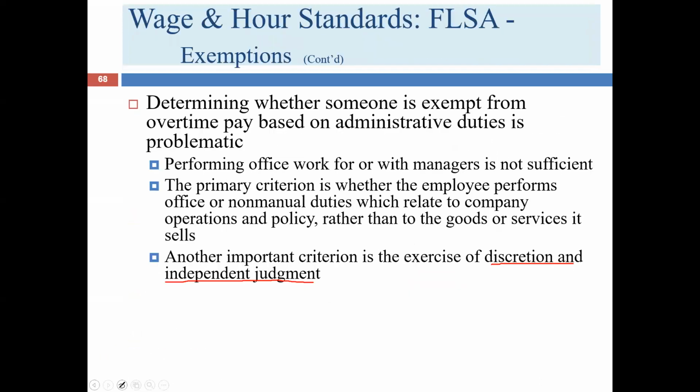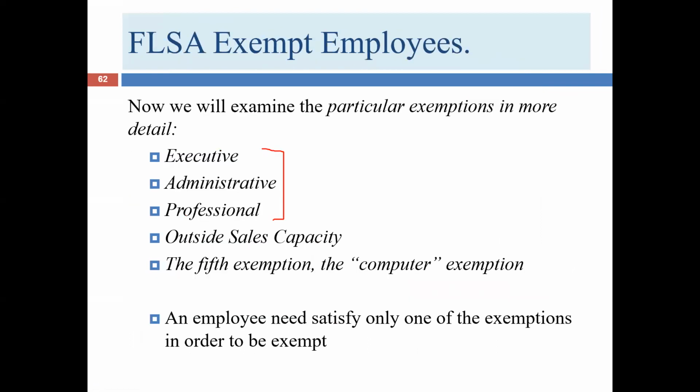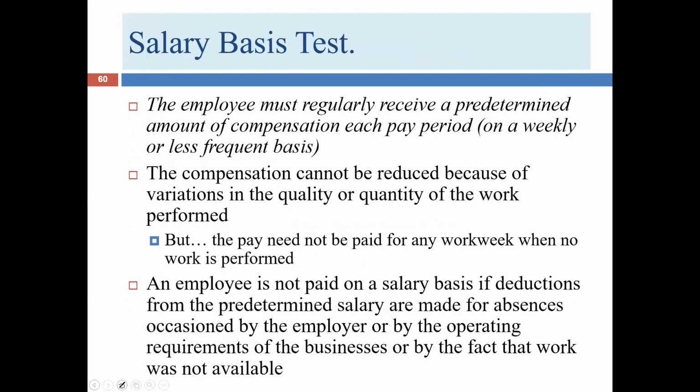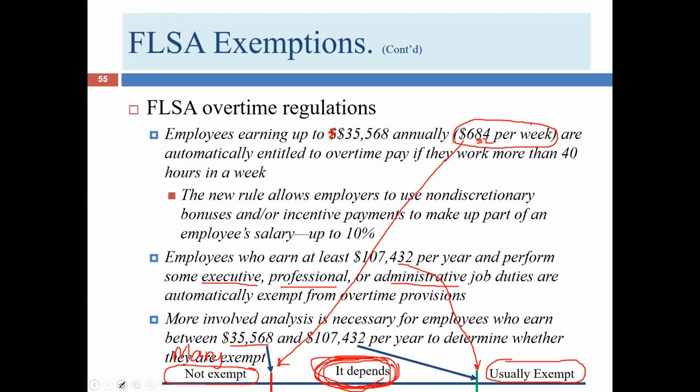Now, we can see here that she is in the "it depends" category in terms of pay. If she had earned $97,500, we wouldn't even care whether she was a learned professional or not.